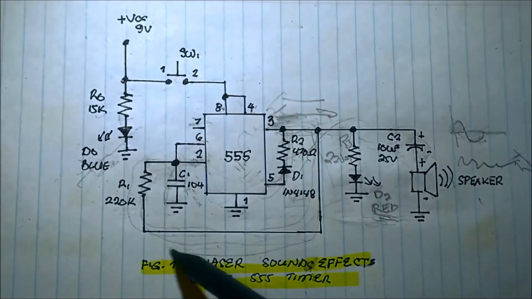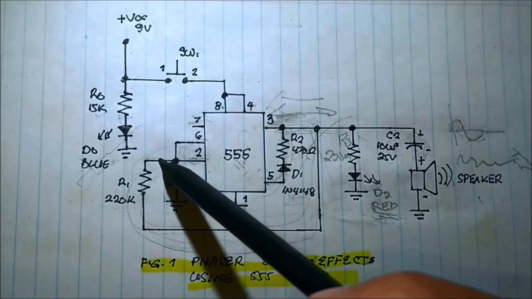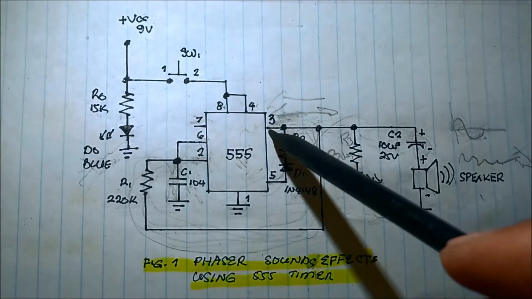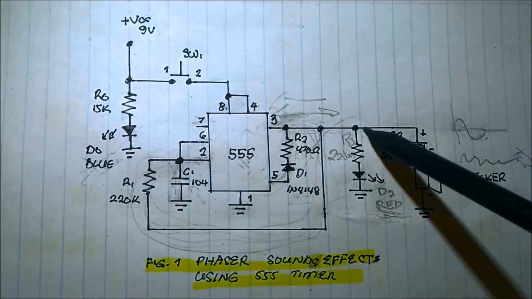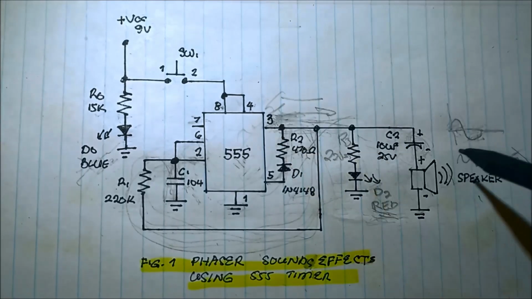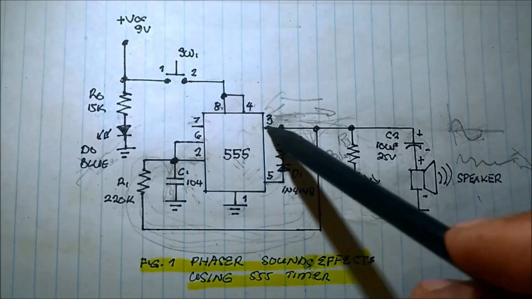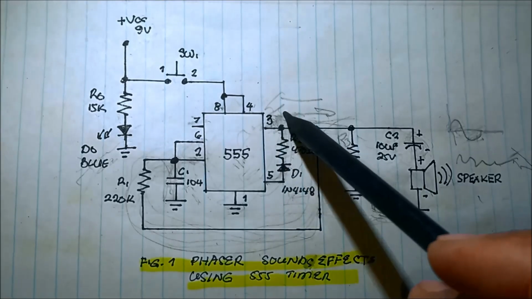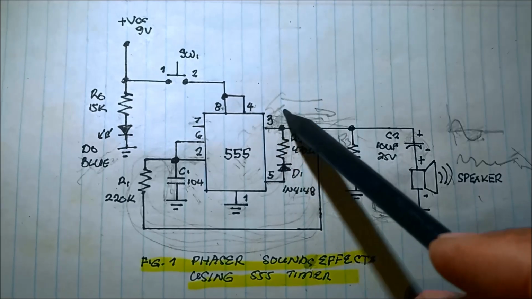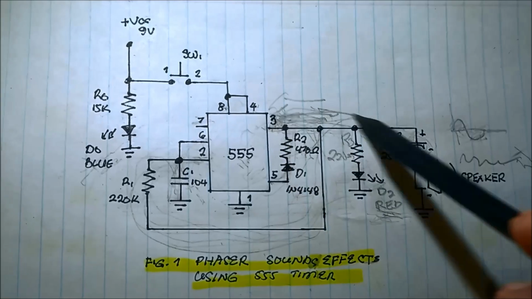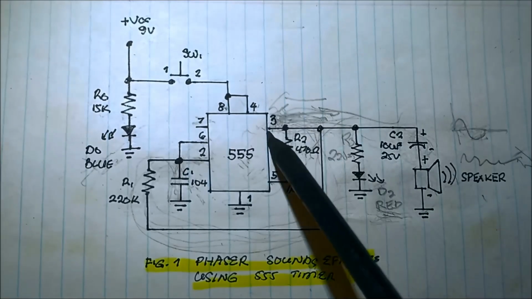Aside from the feedback and the charging and discharging of the capacitor, outputting current, making this output high and sometimes low, the current entering or leaving pin number 3.